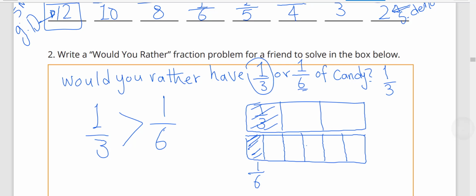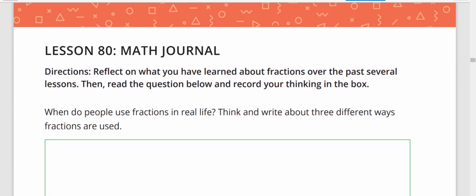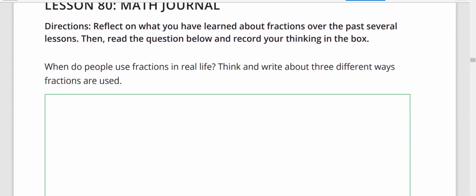The next page, math journal. Reflect on what you have learned about fractions over the past several lessons. Then read the question below and record your thinking in the box. When do people use fractions in real life? Think and write about 3 different ways fractions are used.